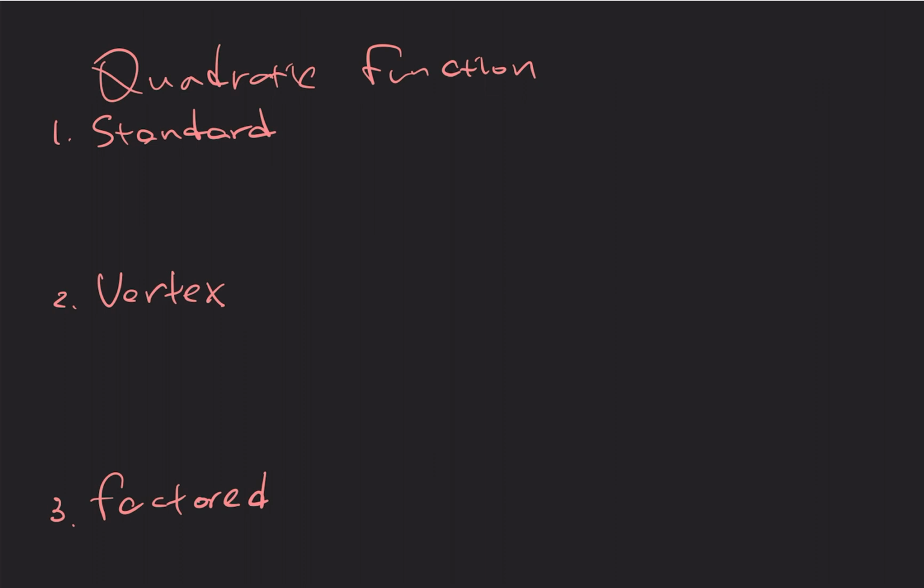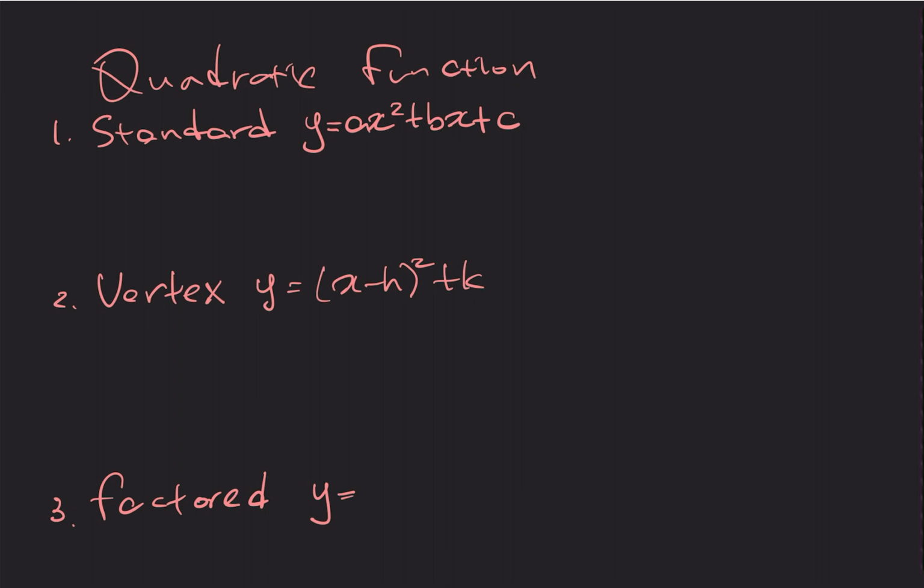Standard form looks like y equals ax squared plus bx plus c, and vertex form is y equals a times x minus h all squared plus k. Factored form should be y equals x minus a times x minus b.